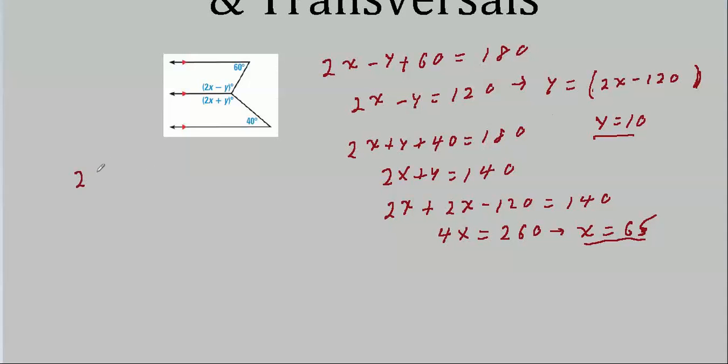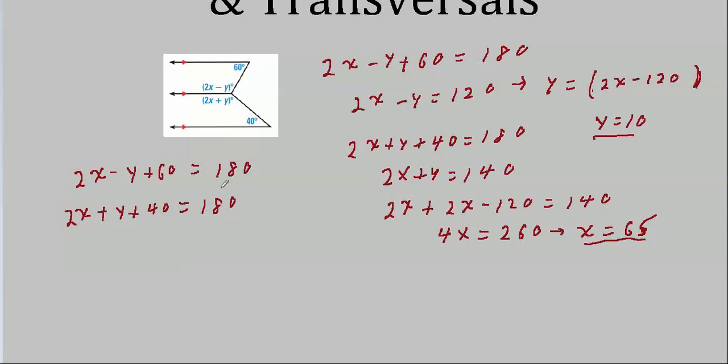If we write 2x minus y plus 60 equals 180. And here we have, pardon me, that's 2x plus y plus 40 equals 180.